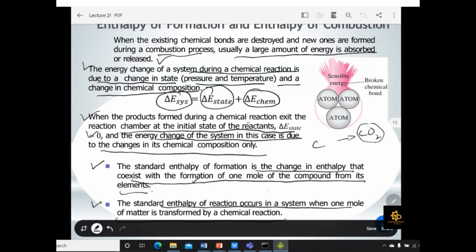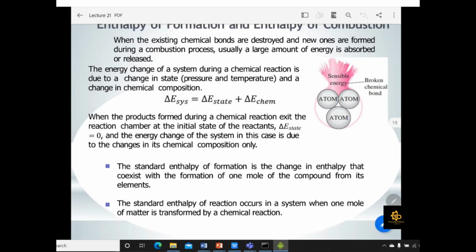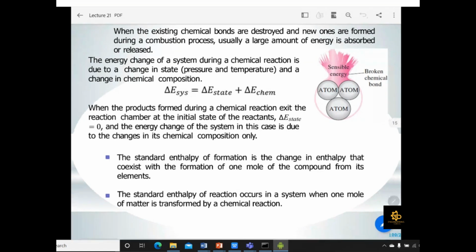So we can represent this with the enthalpy of formation. In a similar way, if there is burning of 1 kg of fuel that is converted into some other form of product, then it comes to the enthalpy of reaction. These two terms we will discuss in detail in a later slide, just for your initial understanding of what the enthalpy of formation and enthalpy of reaction are.